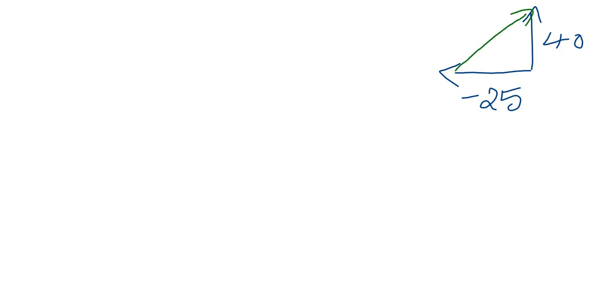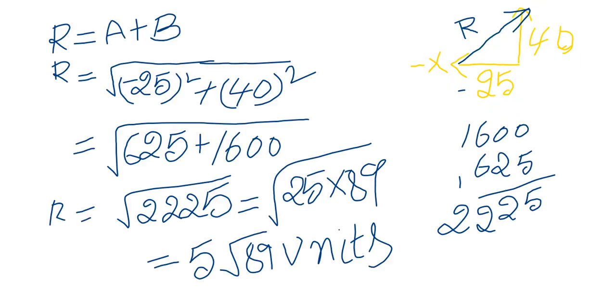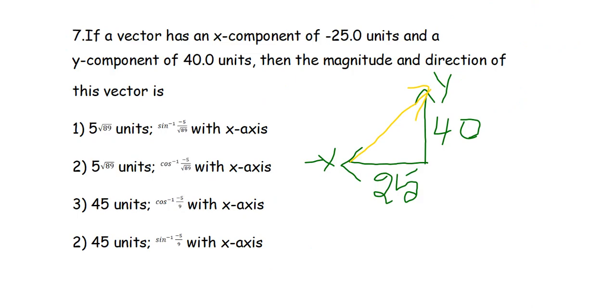This one is minus 25, this one is 40, so this one is 5 root 89. So the magnitude is 5 root 89 units.